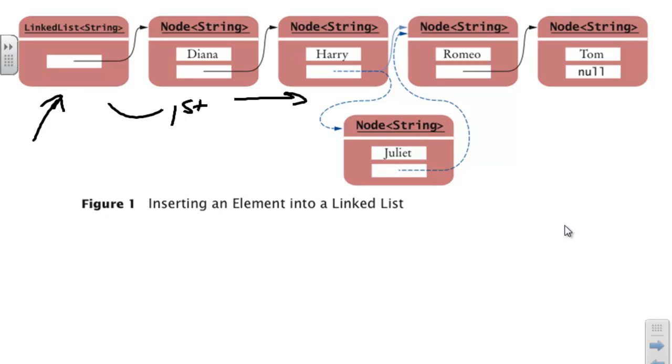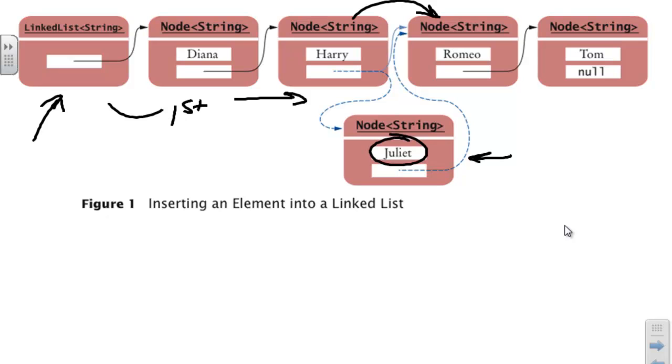All I have to do is create a new node. So here's my new node that I've created with some sort of data. This is a list of strings, so I've got a string data Juliet in there. Now originally the Harry node knew where to find the Romeo node. That was the next one in the line, but I want to put Juliet between Harry and Romeo.